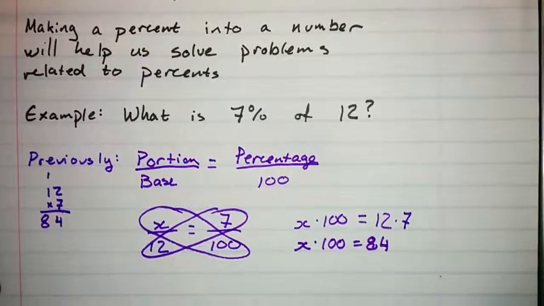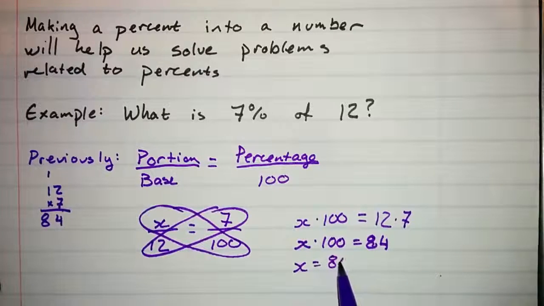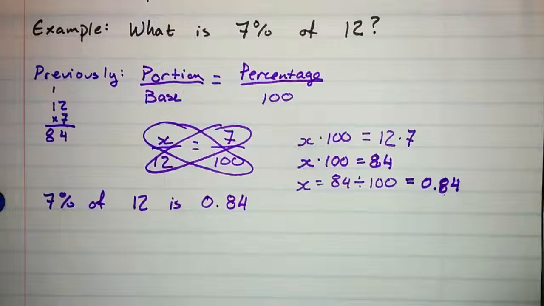X is the missing thing in a multiplication problem. That is, X is 84 divided by 100. Thinking in terms of decimals, this is going to be 84 100ths, 2 zeros in the denominator, 0.84. 7% of 12 is 0.84.